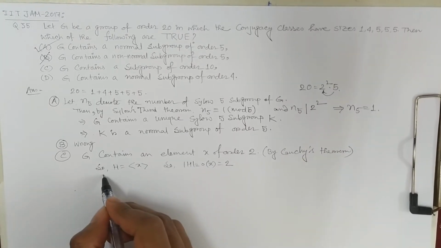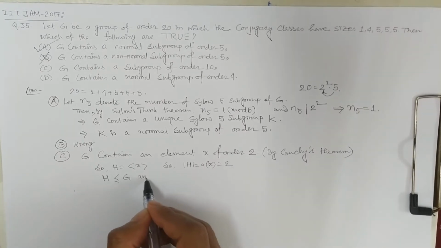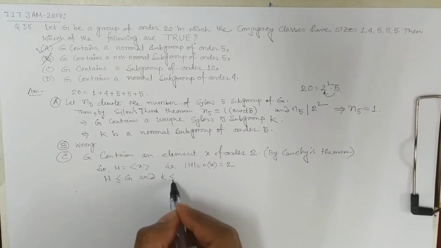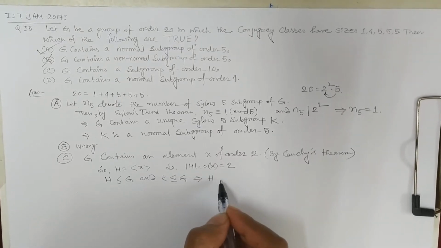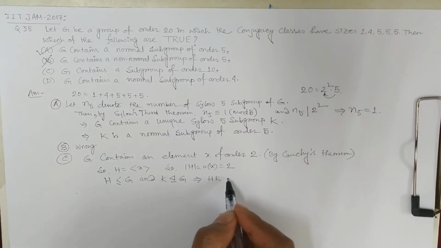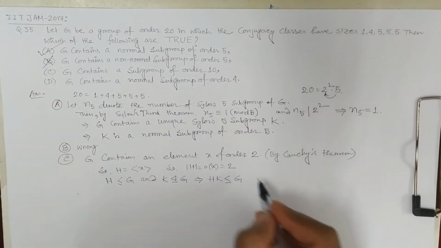Now H is a subgroup of G and K is normal in G, which implies HK is a subgroup of G, which is easy to prove. I leave it as an exercise.